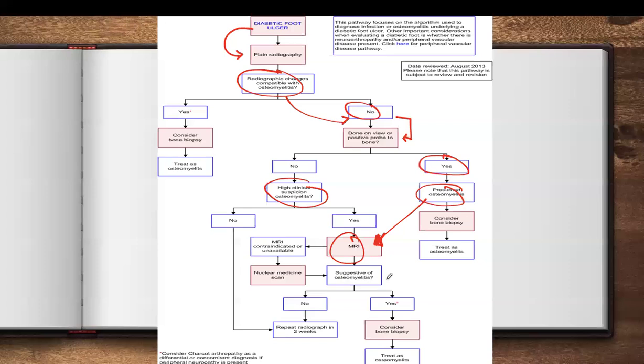Then MRI will be your most important investigation. If MRI is not available, then we do a nuclear medicine scan or bone scan. If it is suggestive of osteomyelitis, then you do a bone biopsy and treat the patient as osteomyelitis.